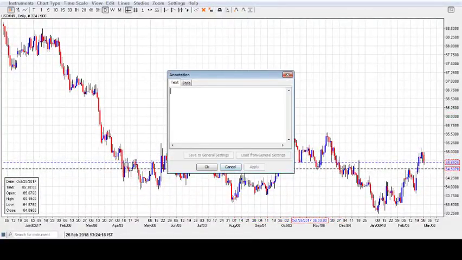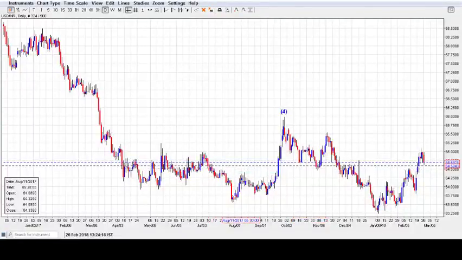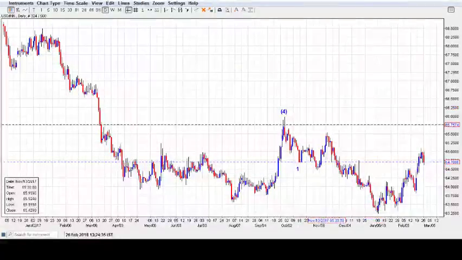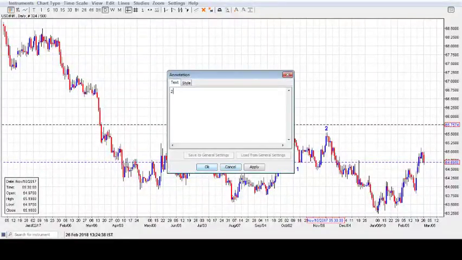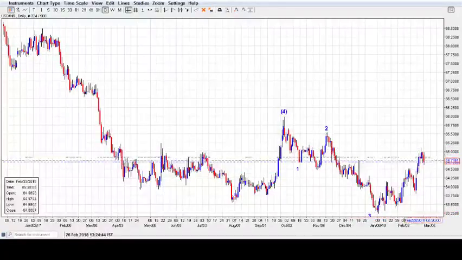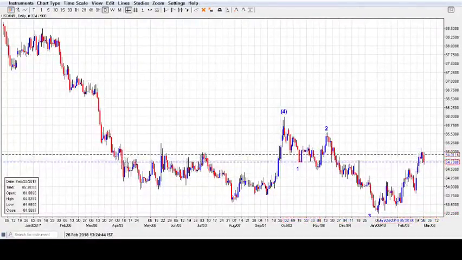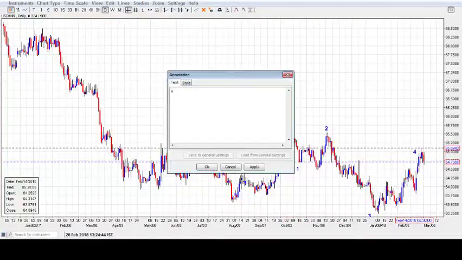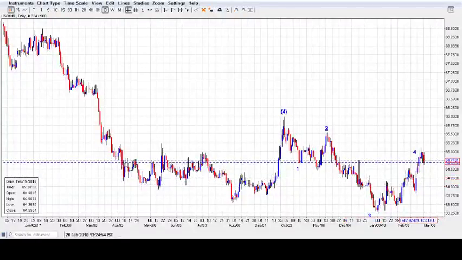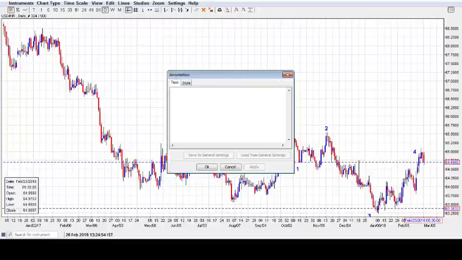And what it is doing right now could be an ending diagonal to wave 5, waves 1, 2, could be wave 3. Since this has already entered the territory of wave 1, the only substance that remains is of a diagonal. If at all it is a diagonal, then there could be a potential wave 5 drop lower.